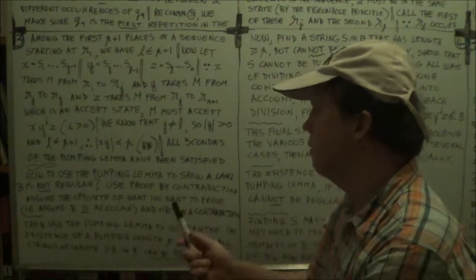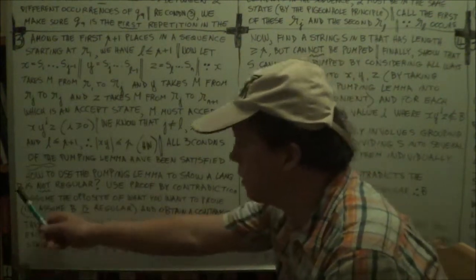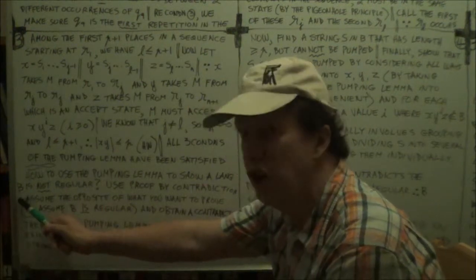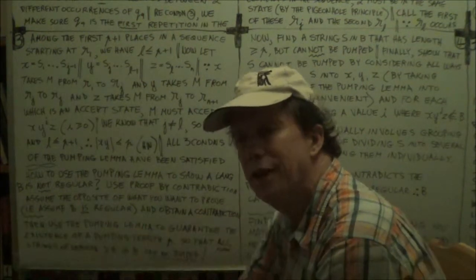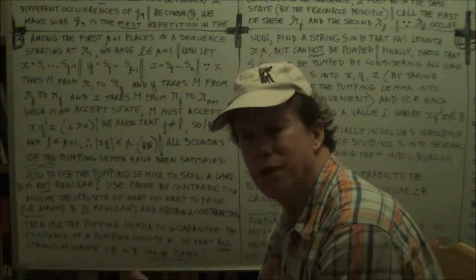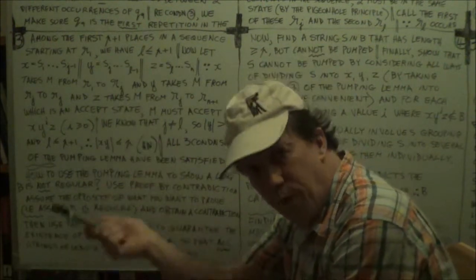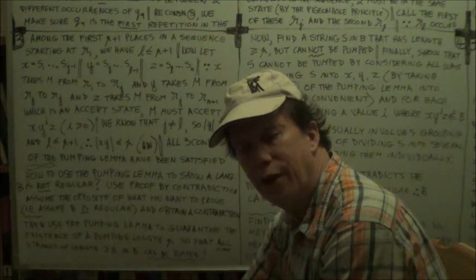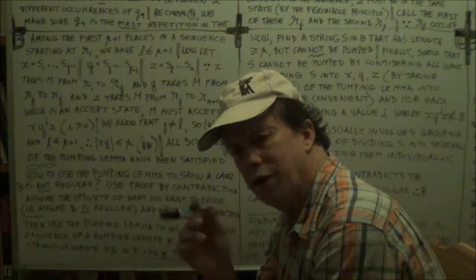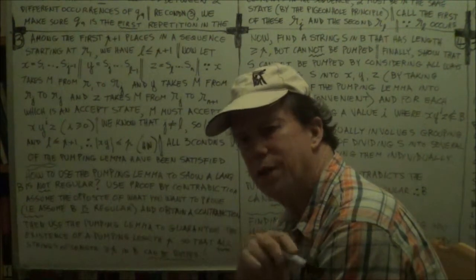So you assume the opposite of what you're trying to prove. You're trying to prove that B is non-regular, so the opposite is that it's regular. So you assume it's regular. Now, if it is regular, the pumping lemma applies, and that means that all strings whose length is greater or equal to some pumping length p are pumpable.